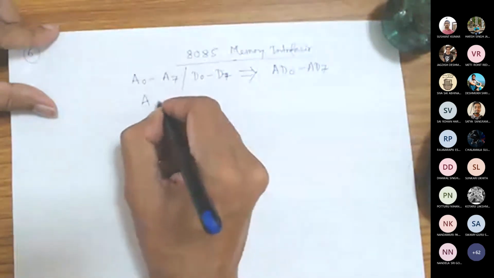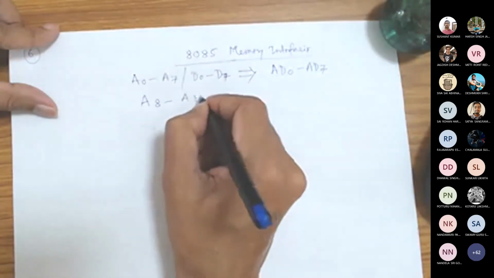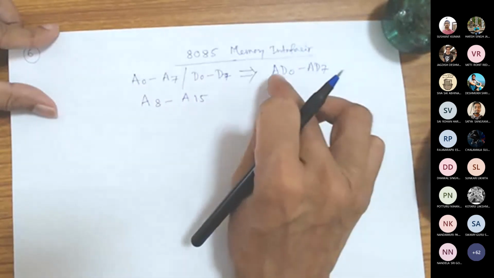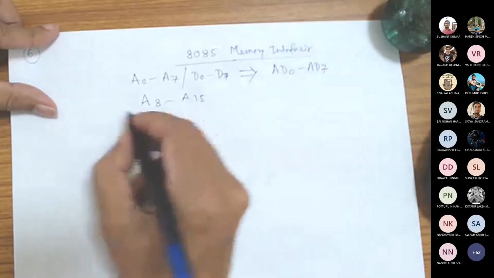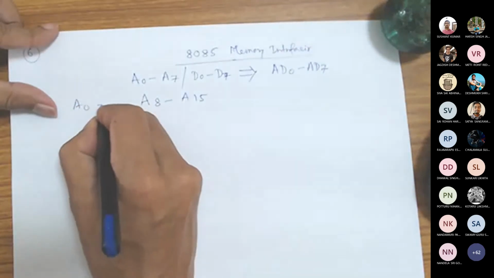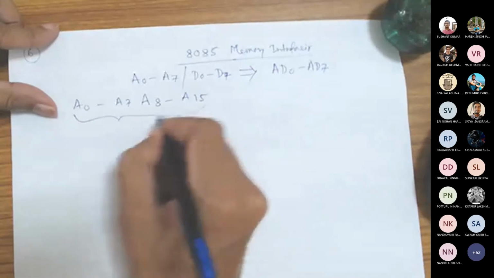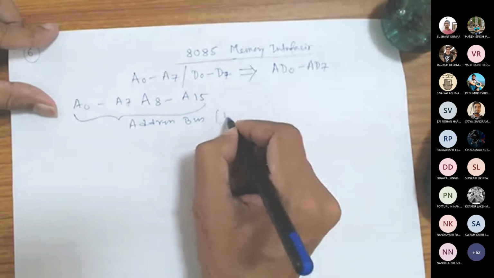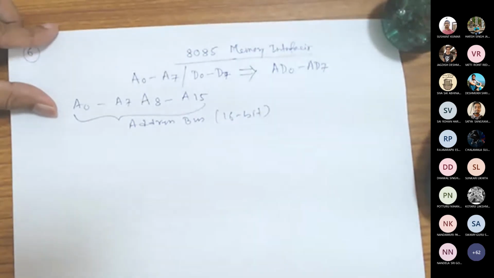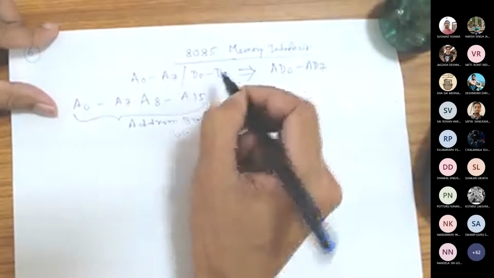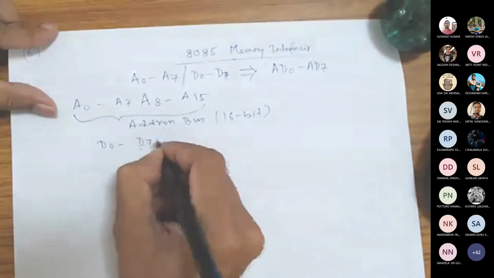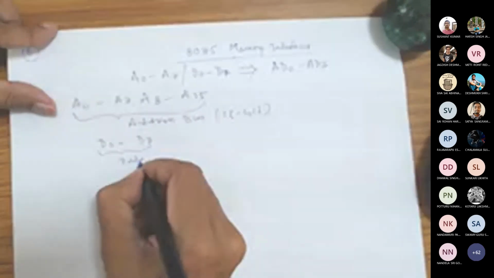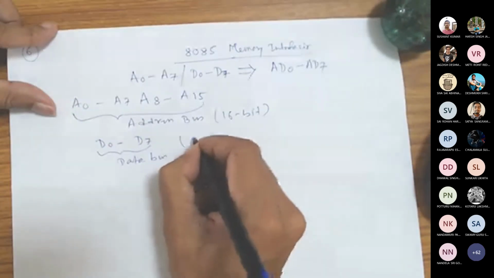The remaining are A8 to A15. When you combine A8 to A15 with A0 to A7, it becomes the address bus, and it is 16-bit. When you take out D0 to D7 separately, it becomes the data bus, 8-bit.